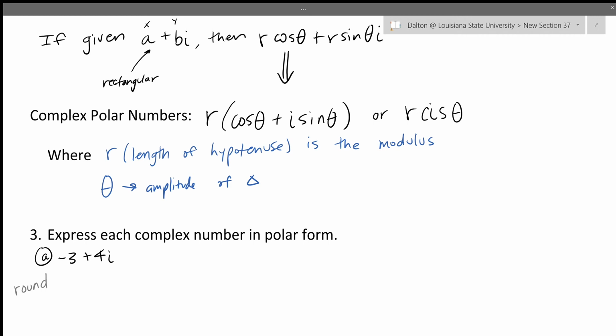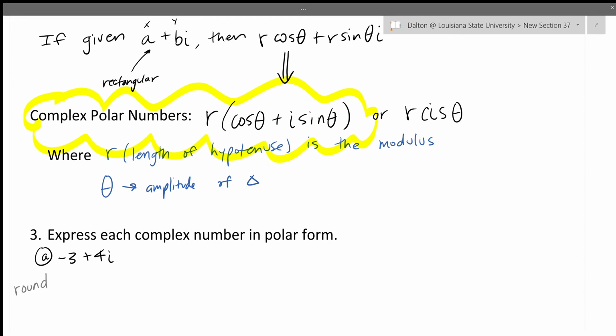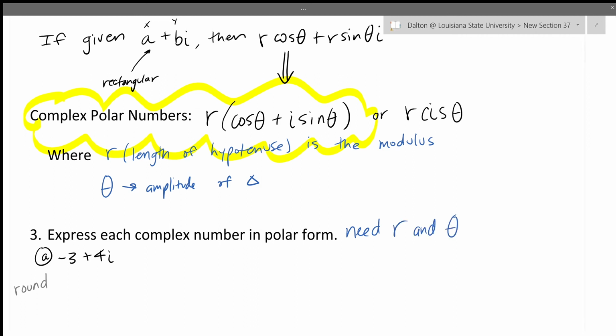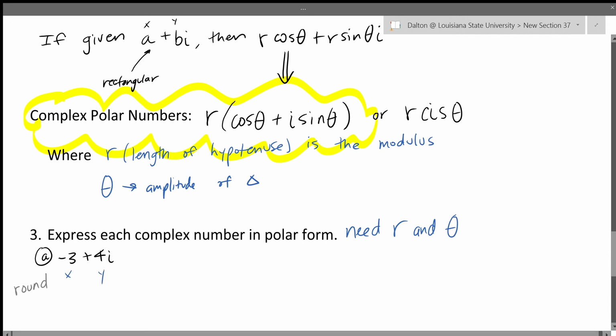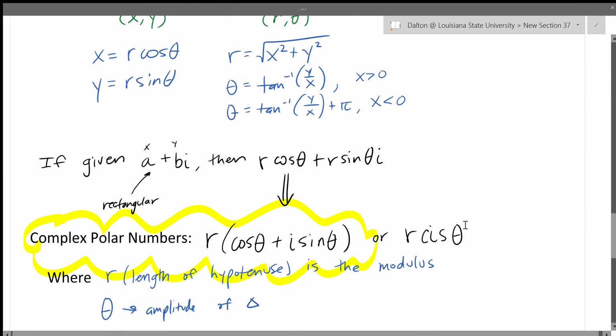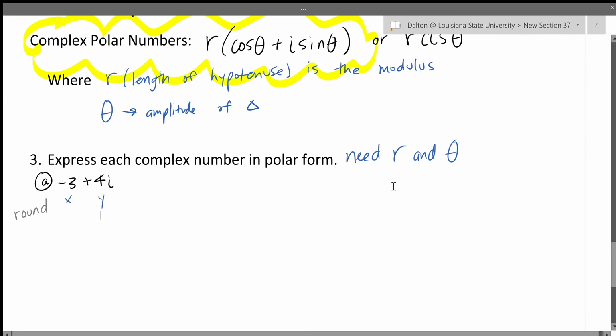Okay, in polar form, this is what polar form looks like. So in polar form, we need r and theta. Well, I give you the rectangular form, -3 plus 4i, which is where x would be -3, and then y would be 4. So if I use the same equations that you did in your homework to convert from one to the other, then we can solve for r and theta, and then plug that into the actual complex form.